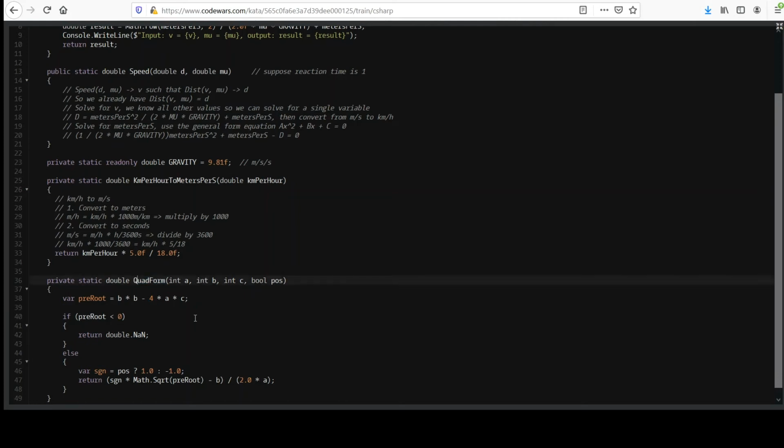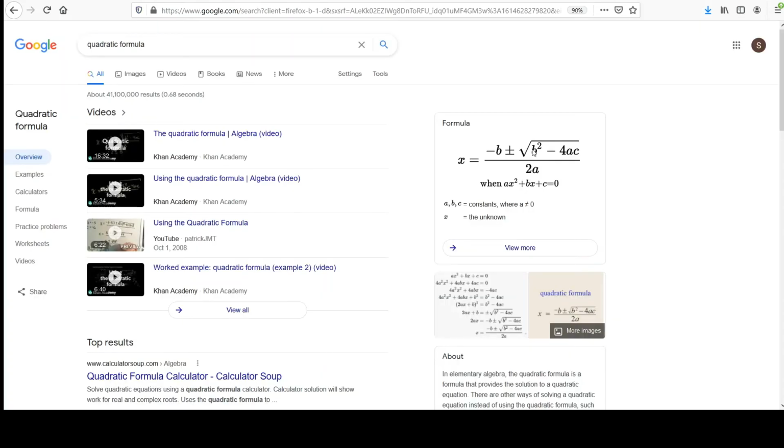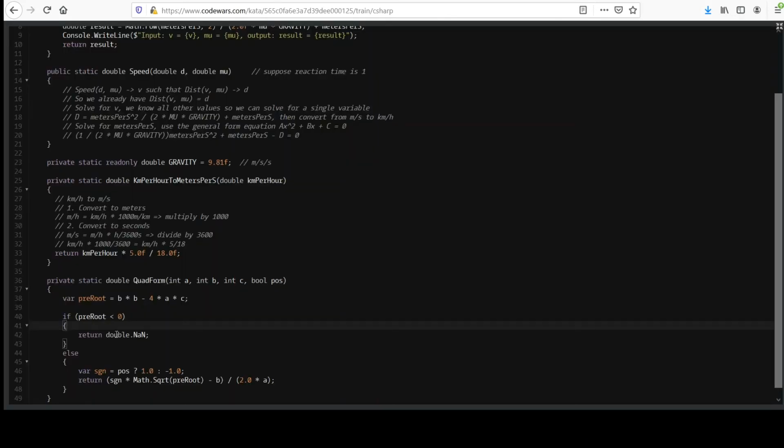I'm going to capitalize that. Quadratic formula, quad form they called it. So, the pre-root you could think of like this part, right? They won't let me highlight. But the b squared minus 4ac would be that.